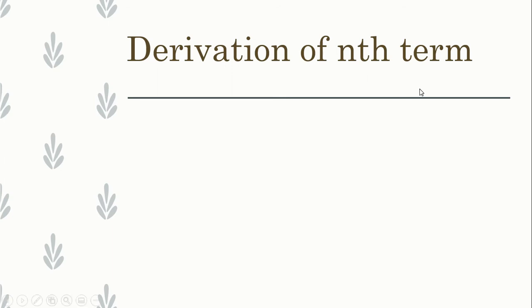To do that, we must remember the definition of an arithmetic sequence, and of course, analyze the terms given in an arithmetic sequence. As we recall, an arithmetic sequence is a sequence whose terms after the first are obtained by adding a constant d, and that's the common difference. In our example, the first term is 1758.